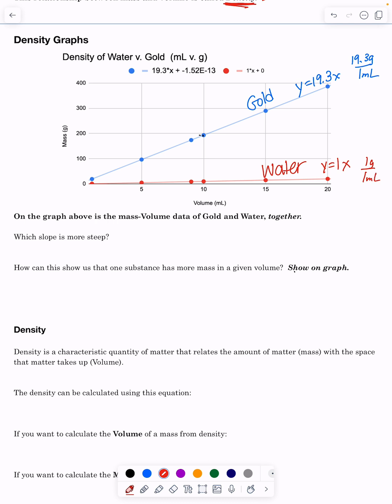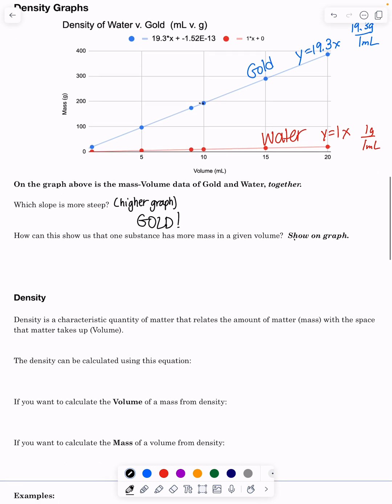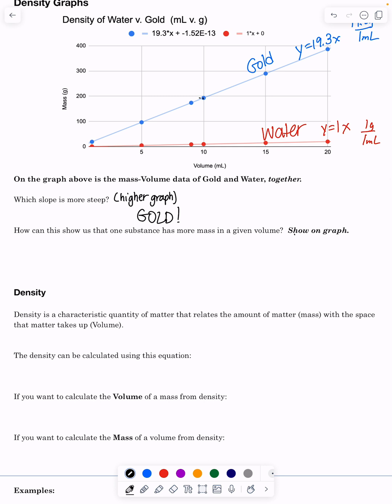So if we look at these two graphs, which slope is more steep? Basically, it's asking which one is a higher graph. The answer will be, of course, gold. It's higher up. Now, what does higher up mean for chemistry? How can this show us that one substance has more mass in a given volume on the graph? So when I say given volume, how can I show this?